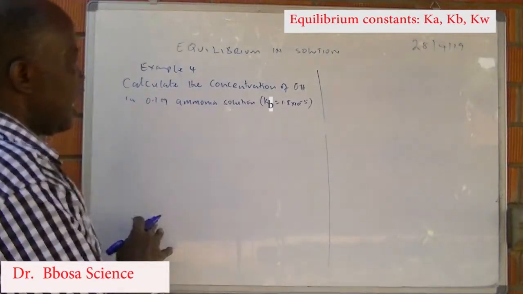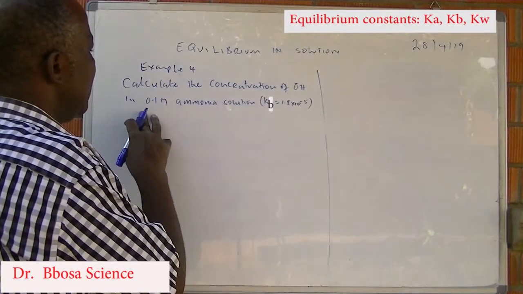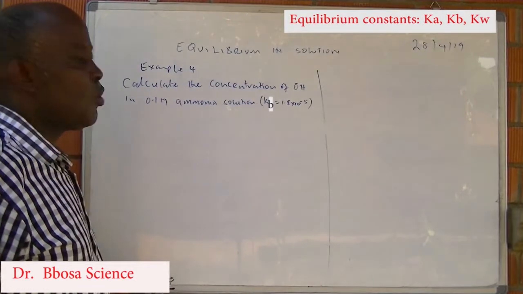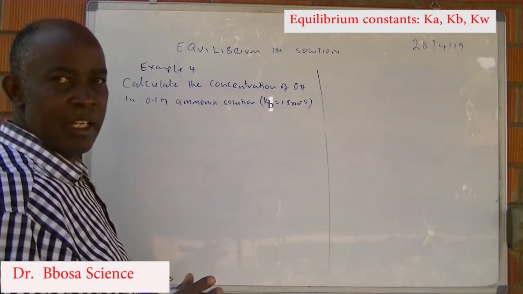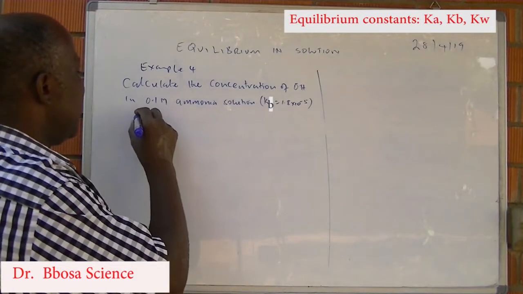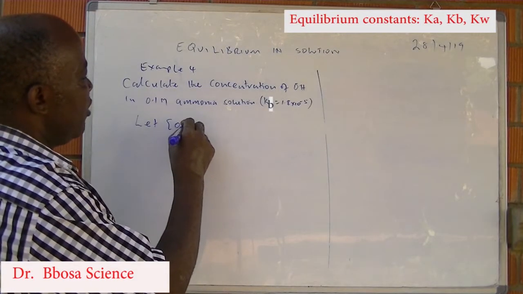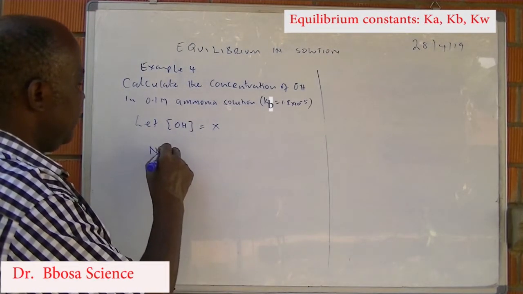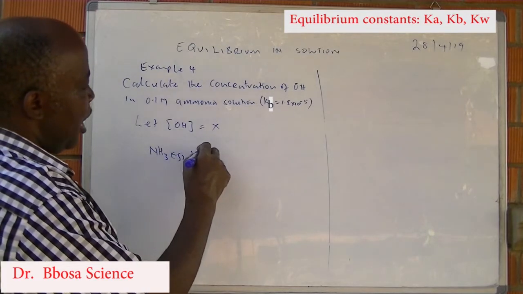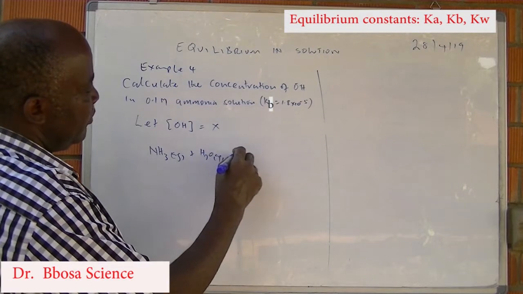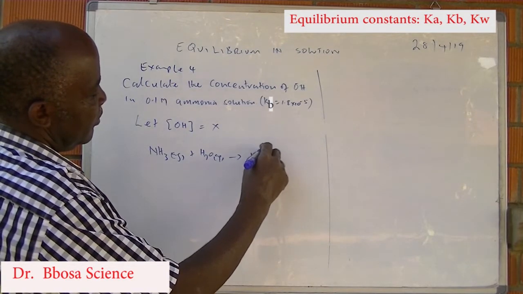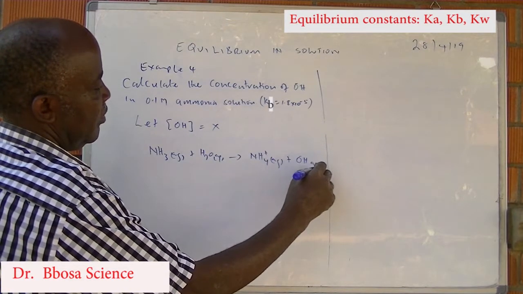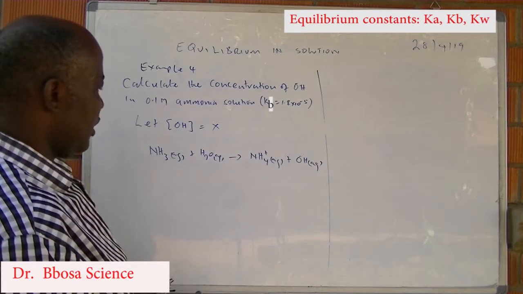Example 4. Calculate the concentration of hydroxide ions in 0.1 molar ammonia solution. Kb is equal to 1.8 times 10 to the power negative 5. Let the concentration of hydroxide ions be equal to X. So ammonia hydrolyzes in water to give ammonium ions and hydroxide ions.